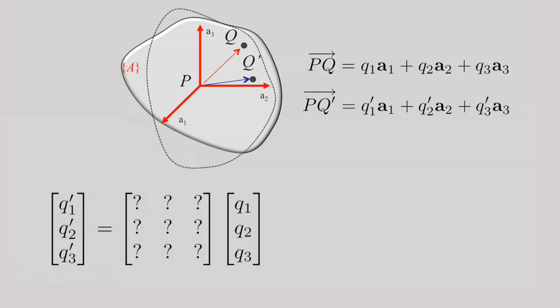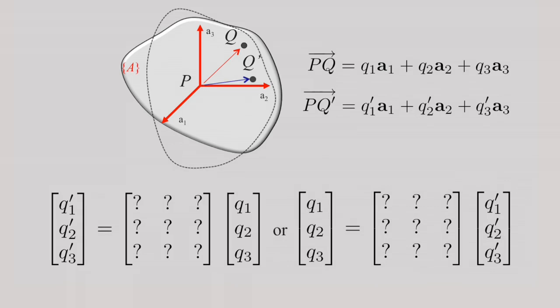I can ask how to write Q1 prime, Q2 prime, and Q3 prime as a function of Q1, Q2, Q3. Is there a matrix that connects them? And I can also ask the reverse question: is there a matrix that connects Q1, Q2, Q3 to Q1 prime, Q2 prime, and Q3 prime?